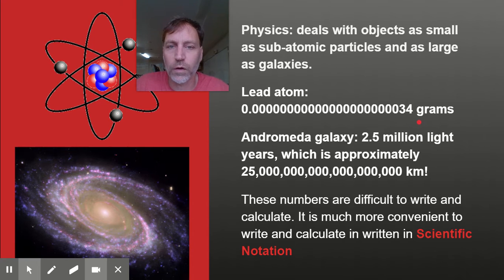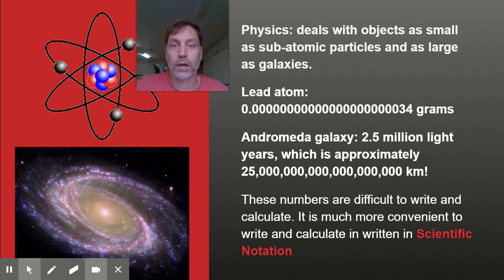So it's a very, very small quantity. Something as small as a subatomic particle of an atom all the way to something as large as a galaxy. The Andromeda galaxy is 2.5 million light years away. A light year is a distance, and that is 25 with all of these zeros behind it, kilometers. So these numbers are really difficult to write.